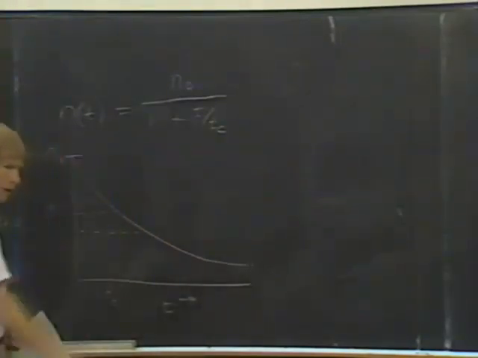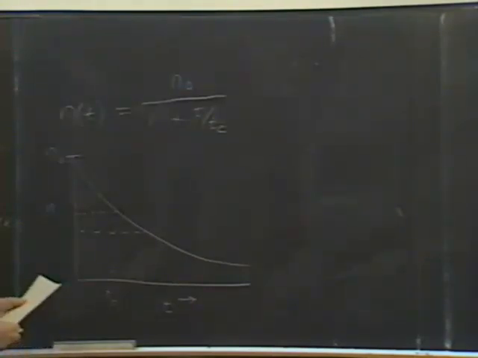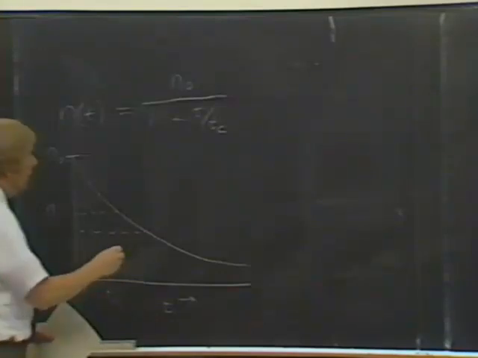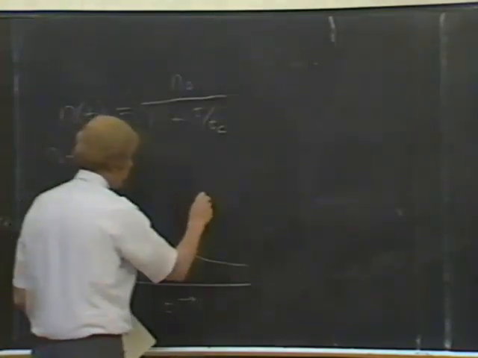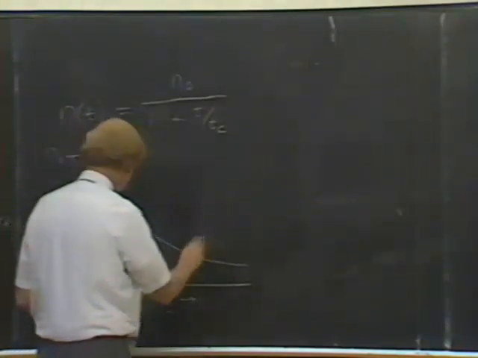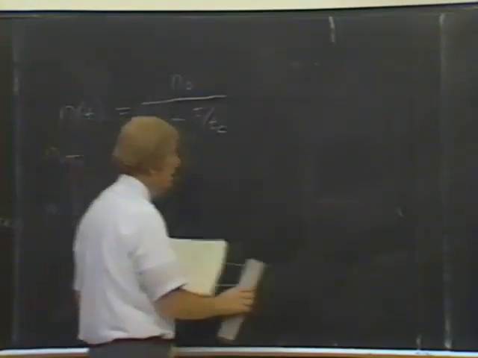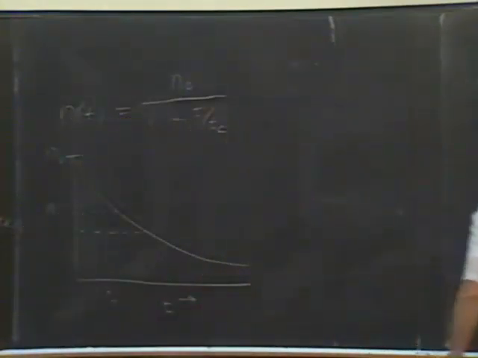The important cases are when t is very much larger than t sub c, or t compares with t sub c. If it's very much larger, then this changes very slowly out here.